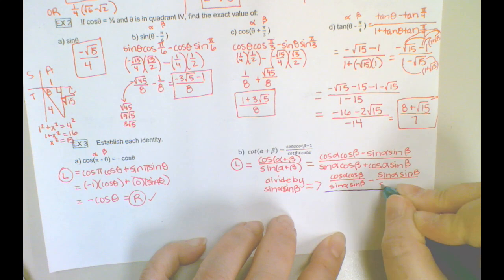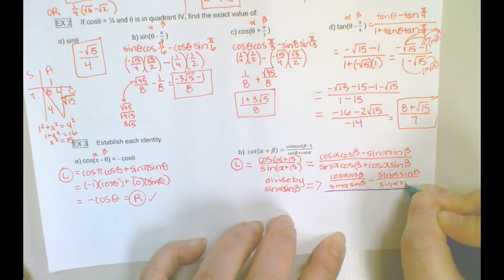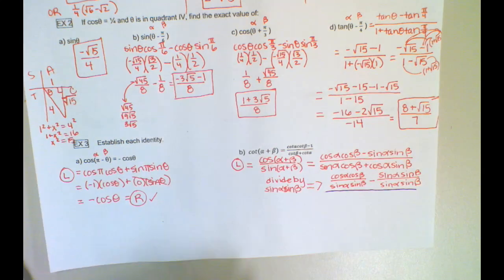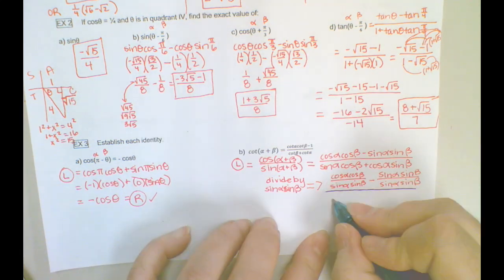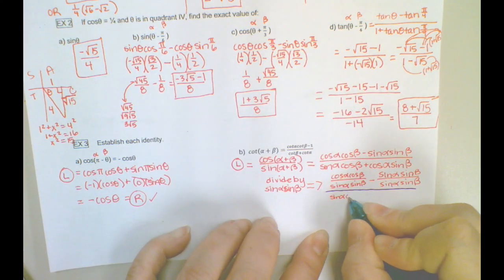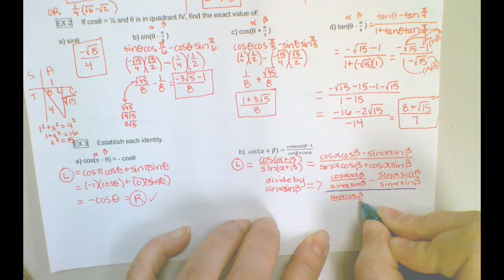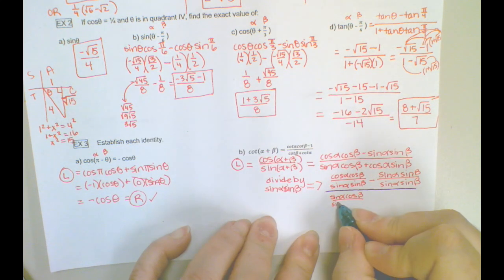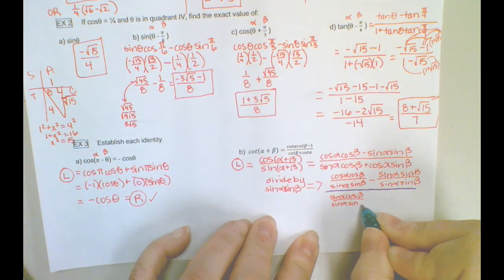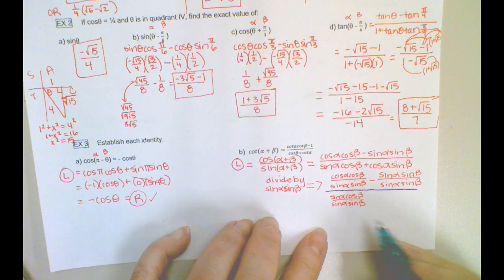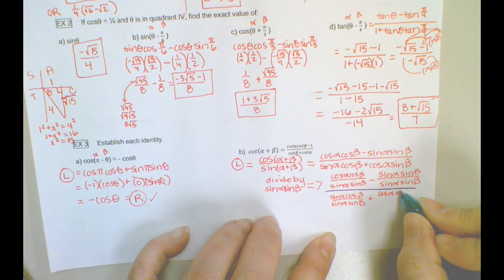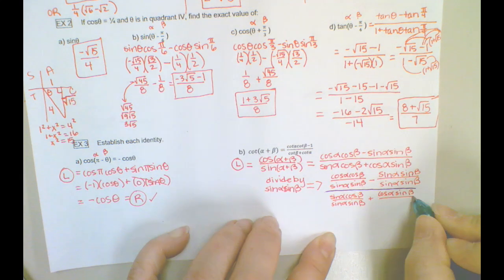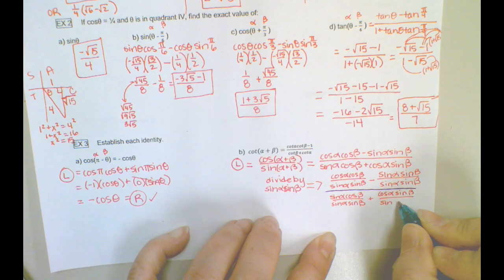So divide by sine alpha sine beta. Whatever I did to the top, I also have to do to the bottom. So sine alpha cosine beta divided by the same thing. So sine alpha sine beta, and then plus cosine alpha sine beta divided by the same thing as everything else.